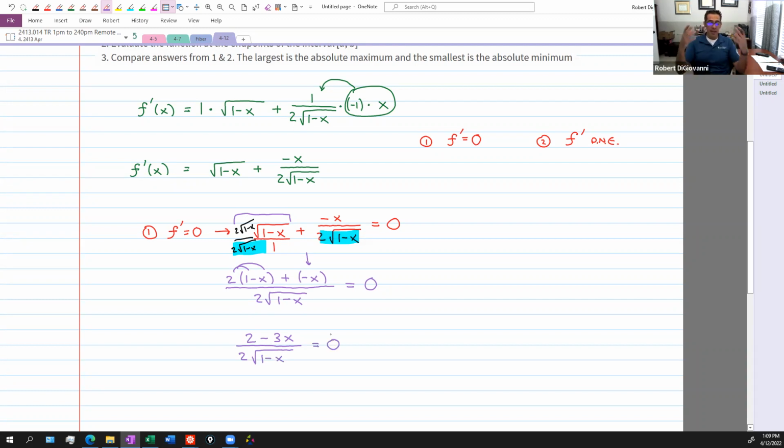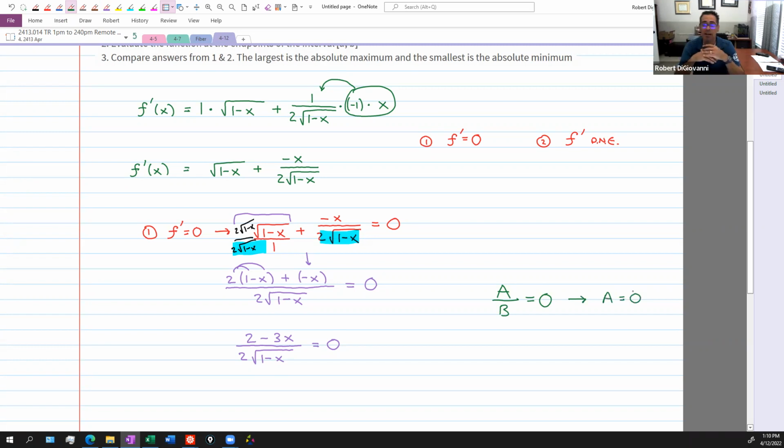All right, so I've taken something that had two terms and I put them together into one. Now I have this fraction equals 0. A long time ago in this class, I told you something that I'm going to remind you of now: anytime you see a fraction, a over b, equal to 0, the only time that can be true is if the top is equal to 0.